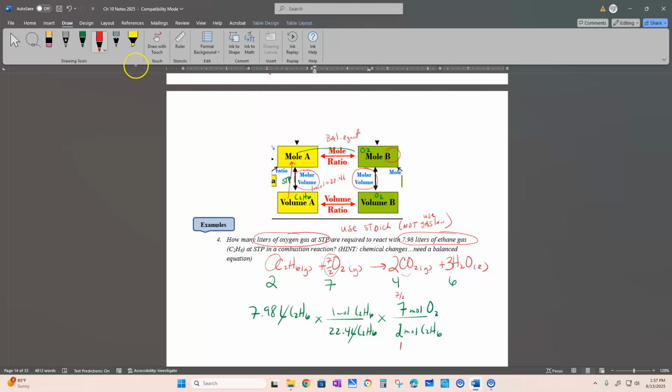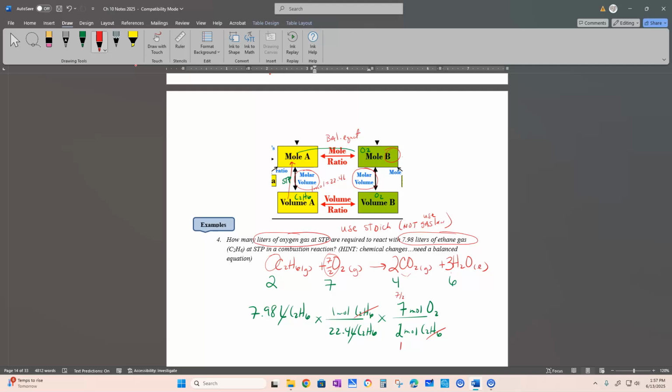If you notice, ladies and gentlemen, you're going to multiply by 7, divide by 2. Same thing right here. Multiply by 7, divide by 2. So let's plug this in. So bye-bye C2H6. I'm going to get my oxygen. And 7.98 times 7, and then divide 22.4, divide by 2.